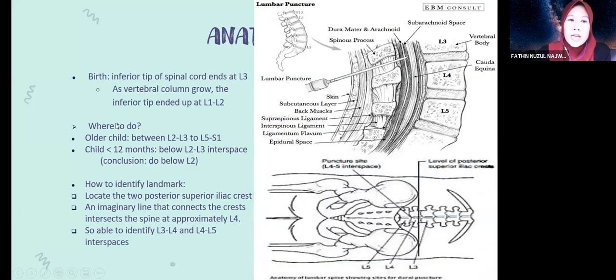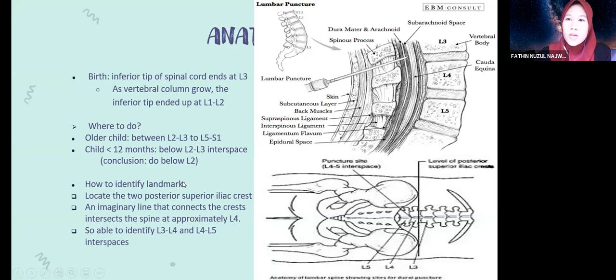Now, typically in pediatrics, the site where lumbar puncture is done would be below L2, which is safe, because we know that the inferior tip of the spinal cord ends at L1 and L2. Hence we choose to do lumbar puncture below L2. So it can be either L3, L4, L5, and so on.